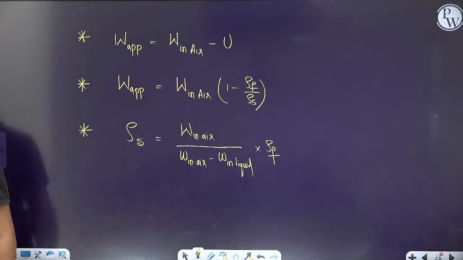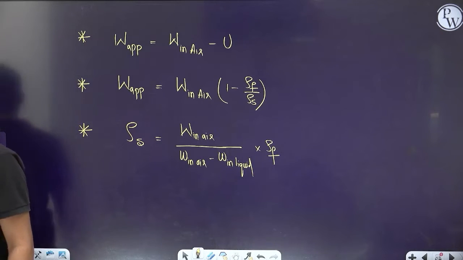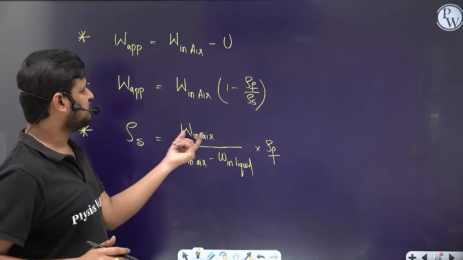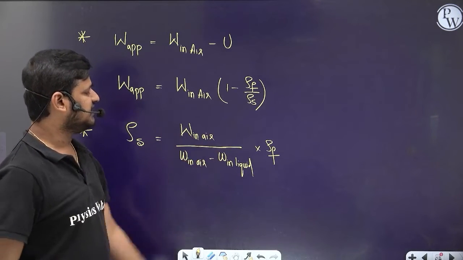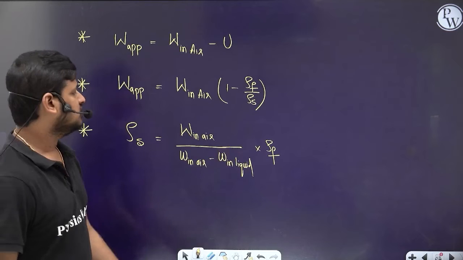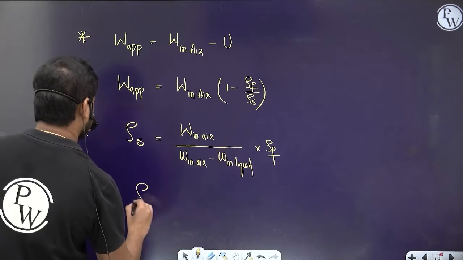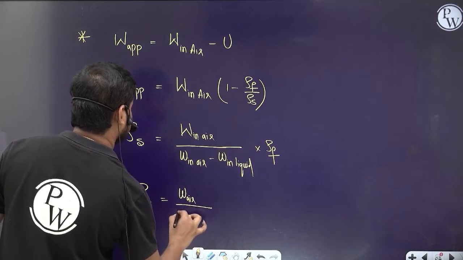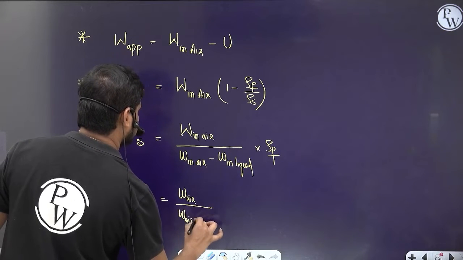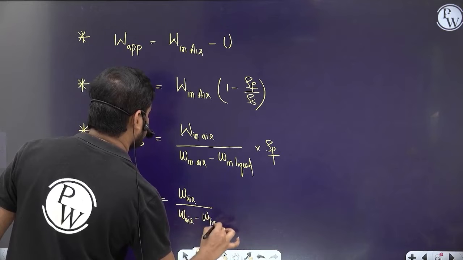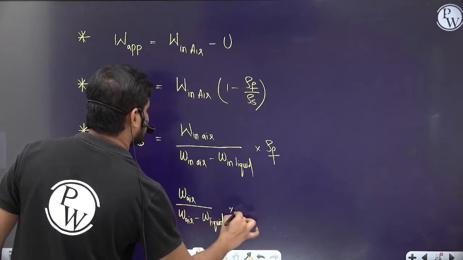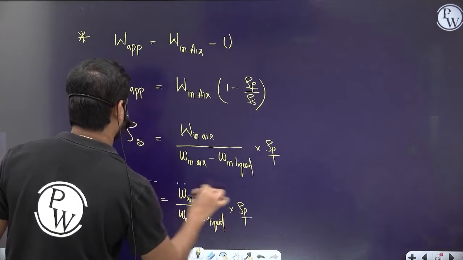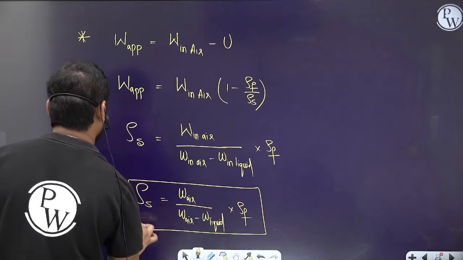Everyone? Rho S is equal to weight in air by weight in air minus weight in liquid, into the density of the liquid or fluid, whatever.